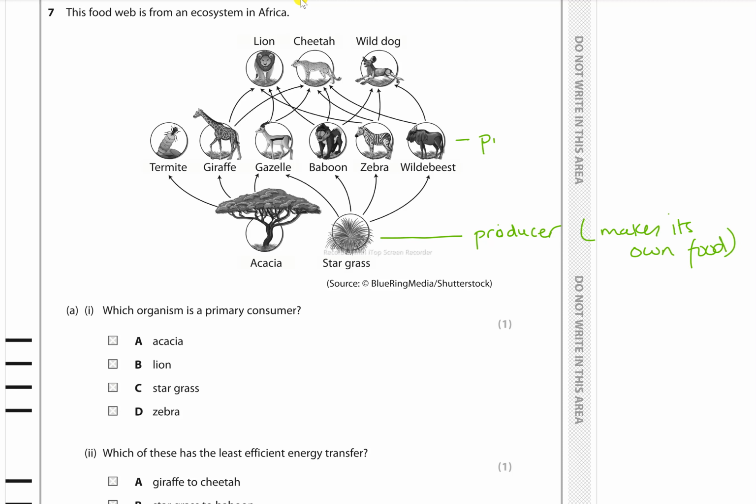These are the primary consumers, and these are the secondary consumers. Alright.